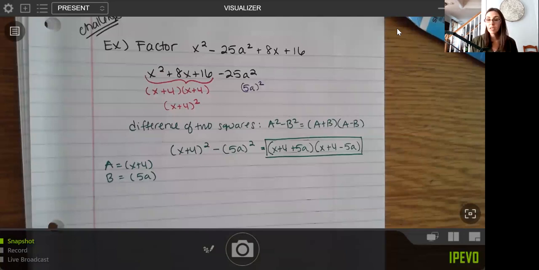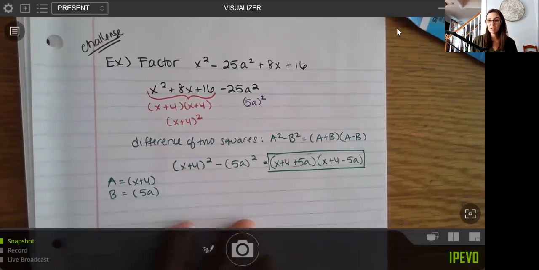So don't get discouraged. Keep trying. If you have found that when you factor there's nothing that you can do, then it's probably prime. Not every question is going to be prime though. So if you're going through the homework and every single question is showing as prime, or you think it is prime, then go back and check. You're probably missing something, but do be on the lookout for a couple of them along the way.